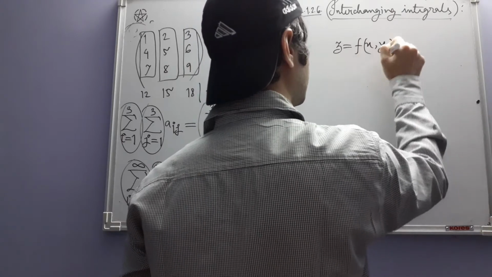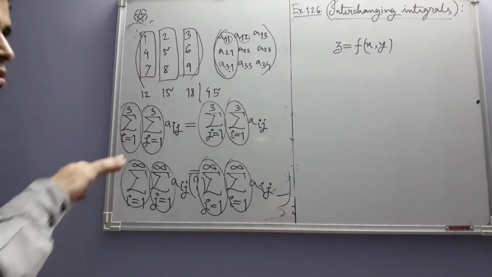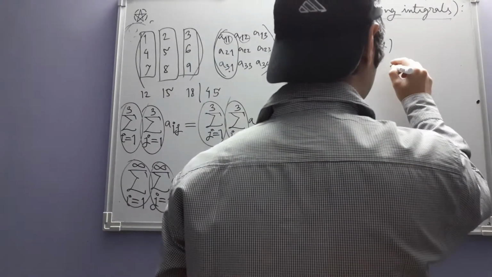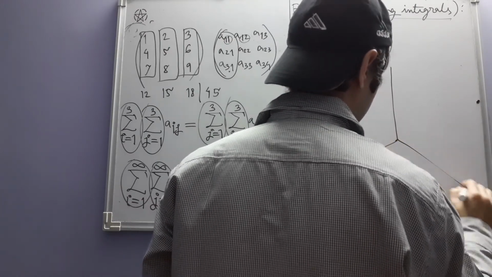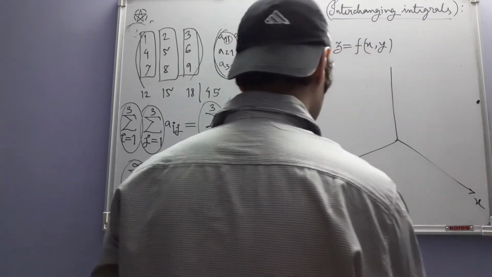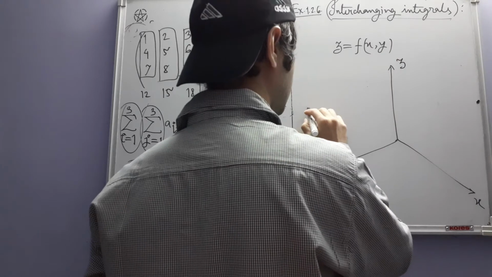This is a function of two independent variables. And if we draw the graph of this, it may look like a surface in 3 dimensions. Say this is the x-axis, this is the y-axis, and this is the z-axis.